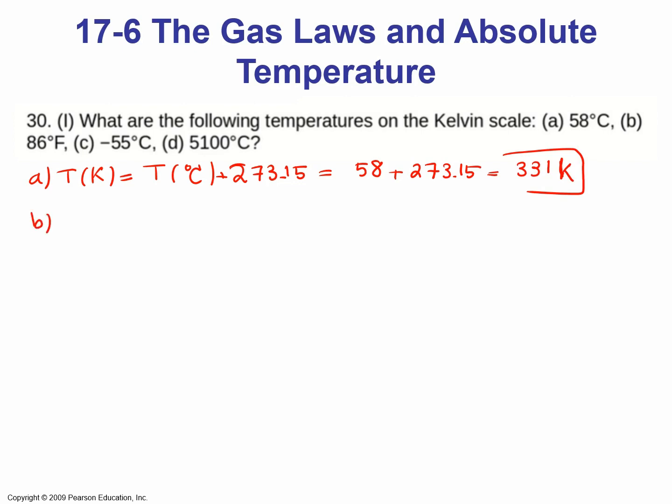Part B, 86 degrees Fahrenheit. Temperature in Kelvin is equal to 5/9 times temperature in Fahrenheit minus 32, and this part converts it into Celsius.